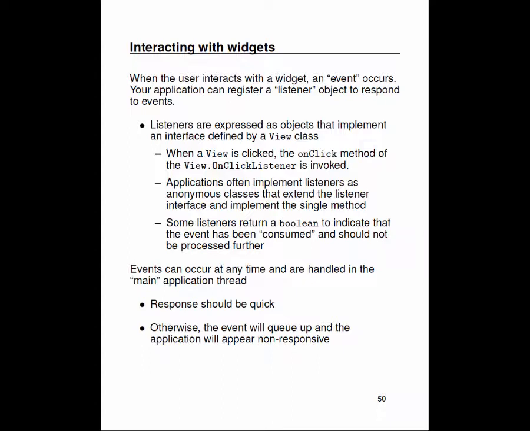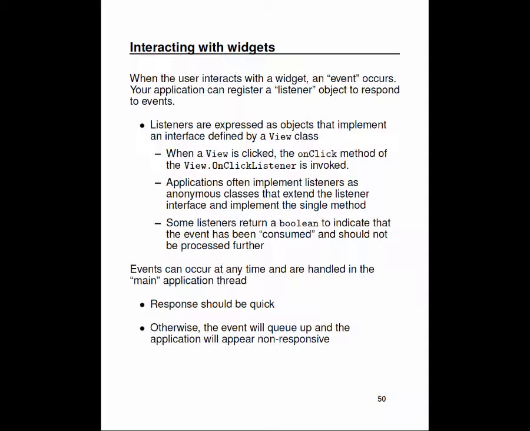So the operating system, the windowing system, knows how to get the event from the hardware, like when it's clicked or whatever. But your application is the one that actually decides what to do with it. And so this event is delivered to your application to something called listeners. And these are objects that handle the event.